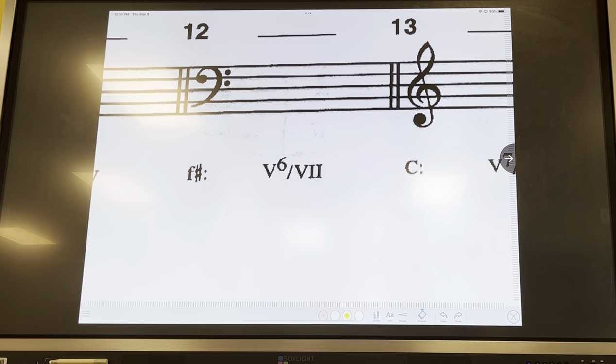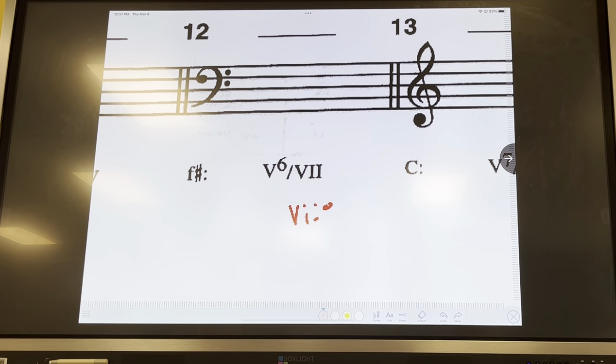Yeah, so this is F sharp minor, right? If it's a leading tone, what would the 7 chord be? If I'm using the melodic or the harmonic minor scale, that 7 is going to be a diminished chord.